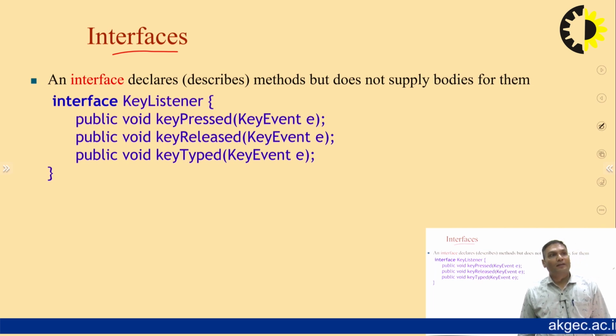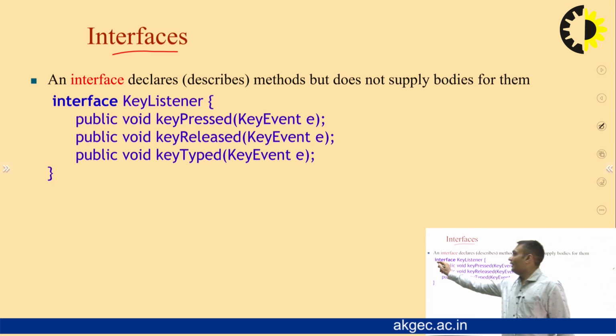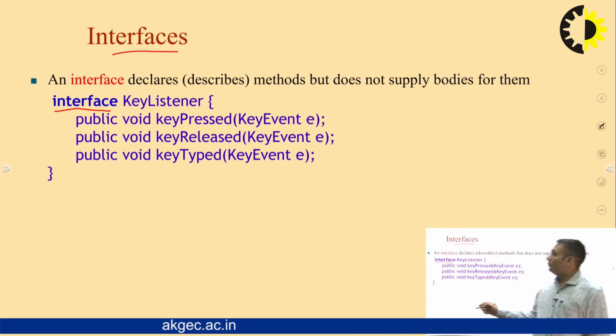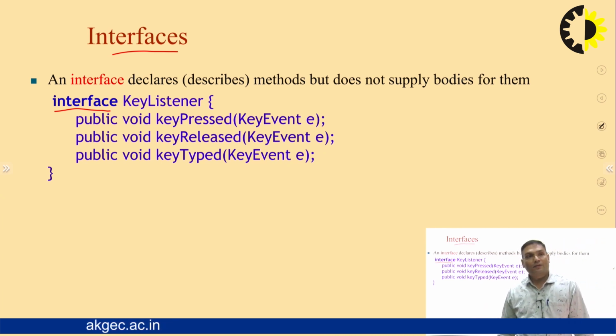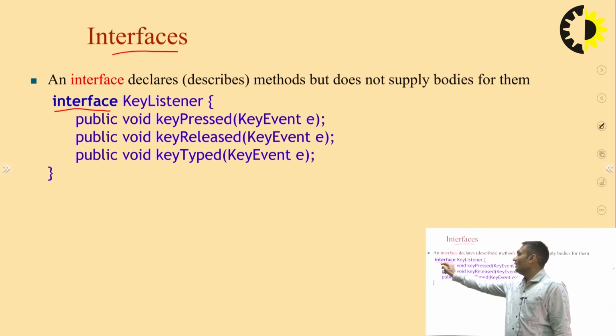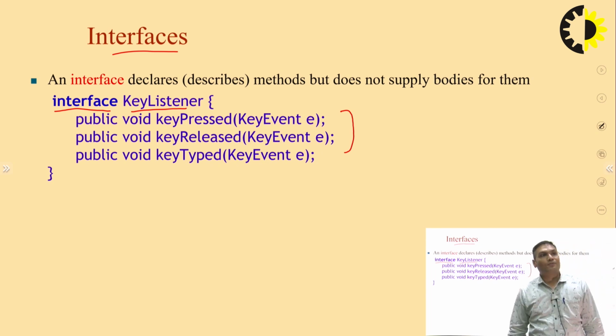To define an interface, we need the keyword interface just before the name of the interface. To define a class as abstract, we need the abstract keyword. To define an interface, we need the keyword interface. So here we will write interface as a keyword and then the name of the interface. All the methods that are written inside the interface are abstract methods.